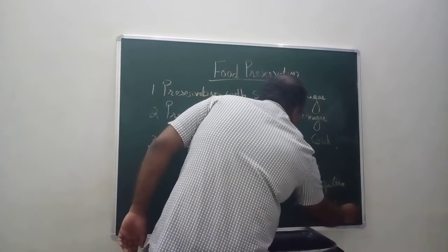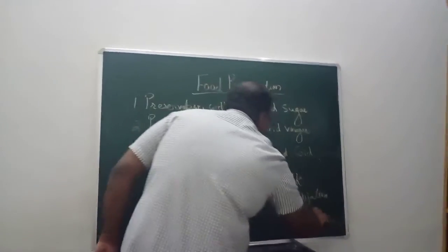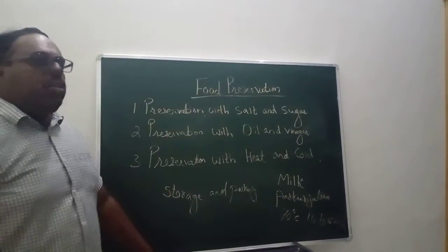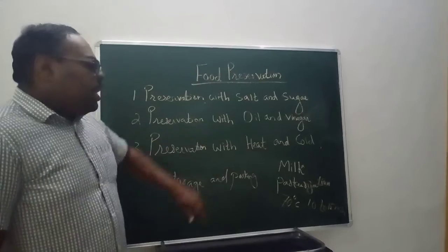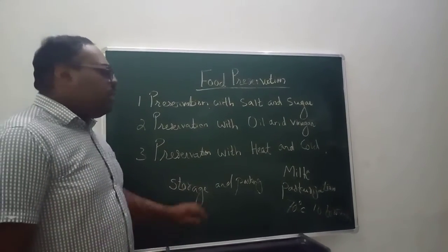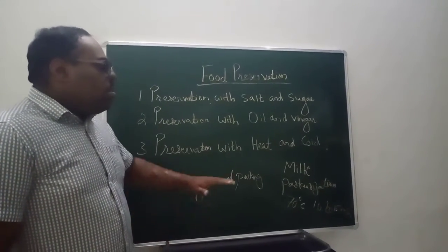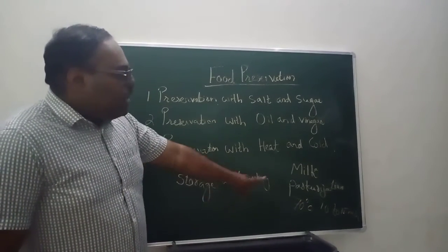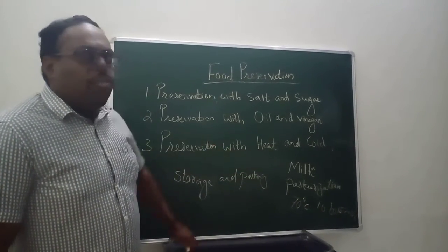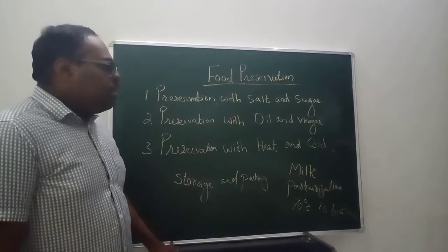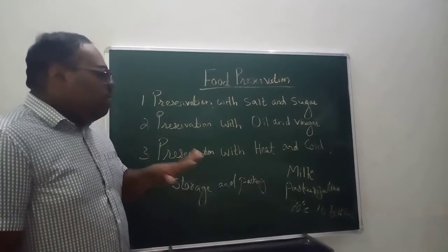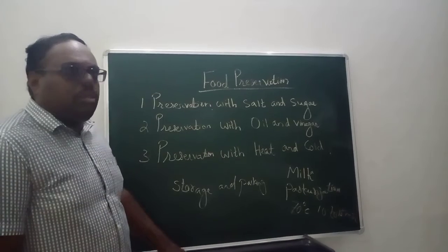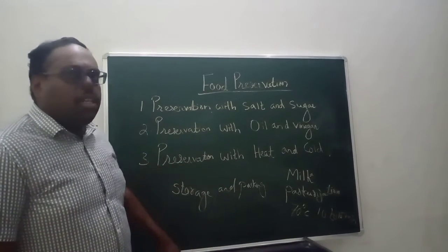This will change according to the food material. The timing will change according to the food material, and the temperature also will change, with slight variation. But the most recommended procedure is to suddenly heat to 70 degrees Celsius for 10 to 15 minutes. In the same way, very suddenly, they will reduce the temperature to somewhere around 10 to 5 degrees Celsius.